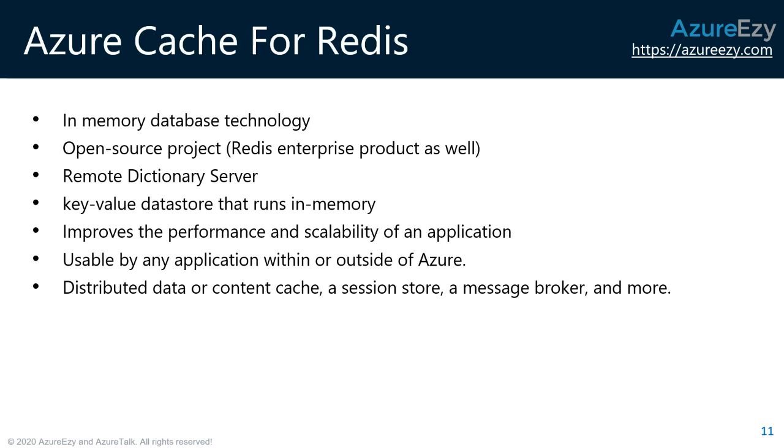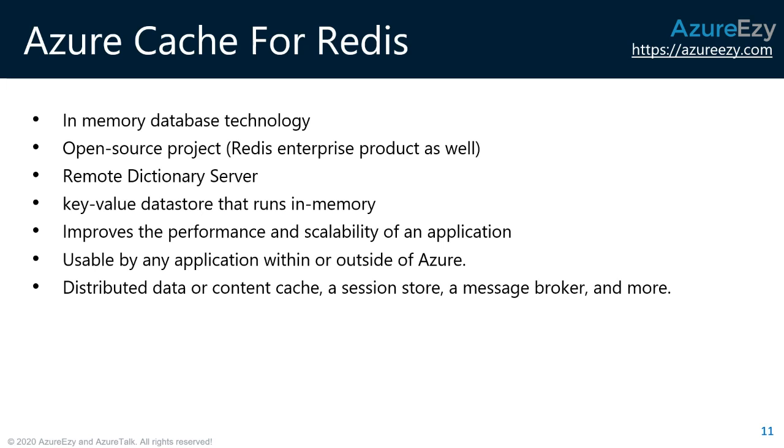You can use it for your distributed data, for your content cache if you have to cache any content. Some applications require session persistence, so you can use it for a session store. You can also use it for a message broker. So there are several requirements for which you can use Azure Cache for Redis.